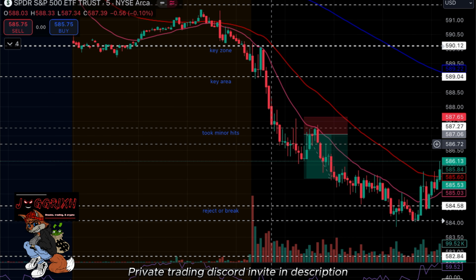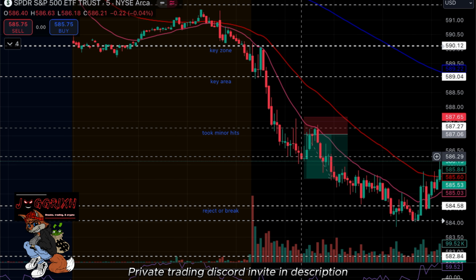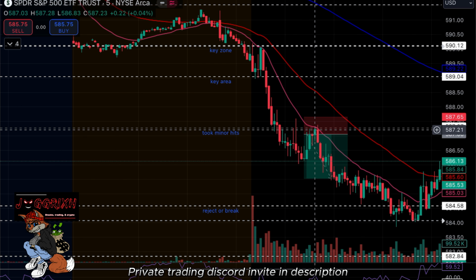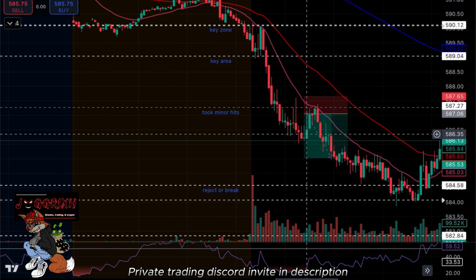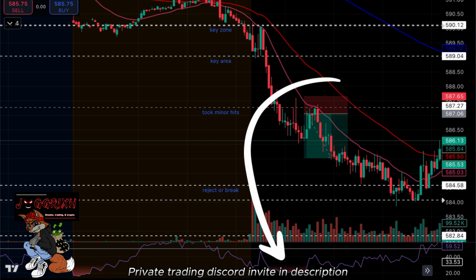And after this level got broken, after it got broken right here, y'all see how it started consolidating, man, and it came back up. Now, it came back up, had a pullback because why? Look at the RSI. It was oversold on the RSI, and typically when things get oversold on the RSI, it's going to have a minor retrace, a minor pullback in either direction. If it's oversold, it's going to have a minor bounce up.